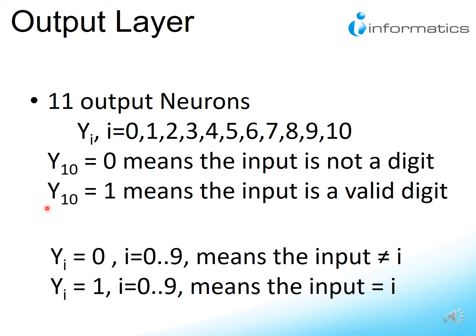If the activation of Y10 is 1, it means the input is a valid digit. Other output neurons recognize individual digits. For example, if Y9 activation is 0, it means that the input is not the digit 9. If Y9 equals 1, it means the input most likely is digit 9.